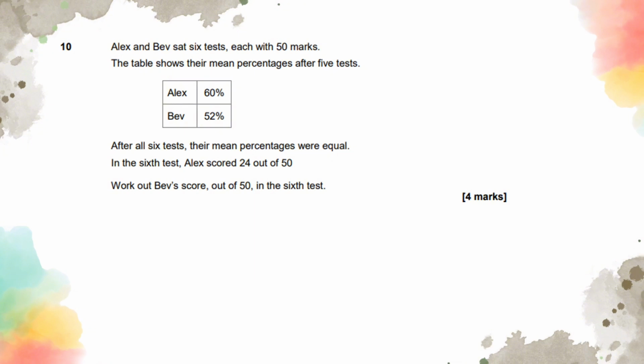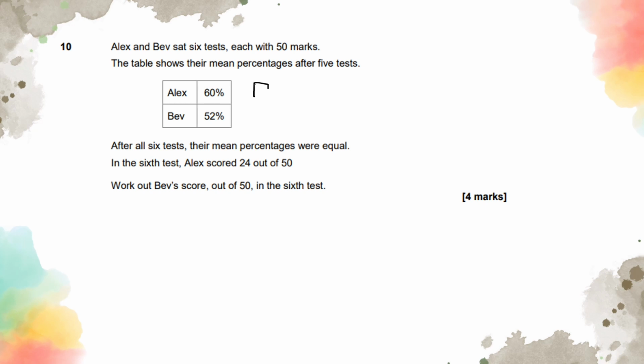Question 10. So this is a question where a lot of students actually struggled with on that year. So I'm going to try and break it down as much as possible for you guys to understand what's going on, because I think it is the wording of the question that just throws students off. Alex and Bev sat 6 tests, each with 50 marks. So Alex sat 6 tests.